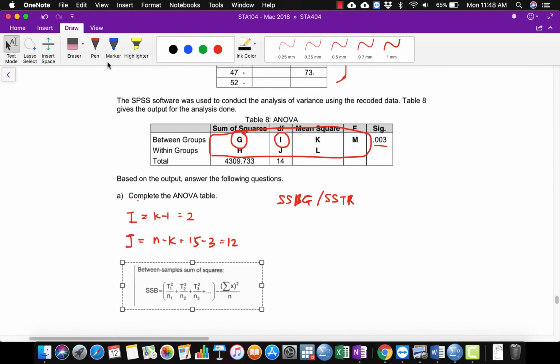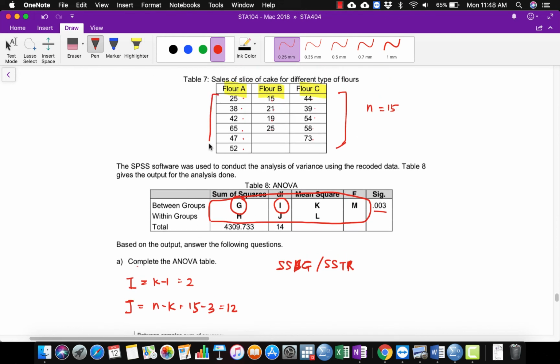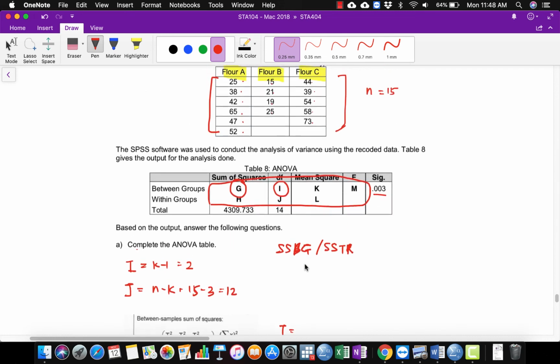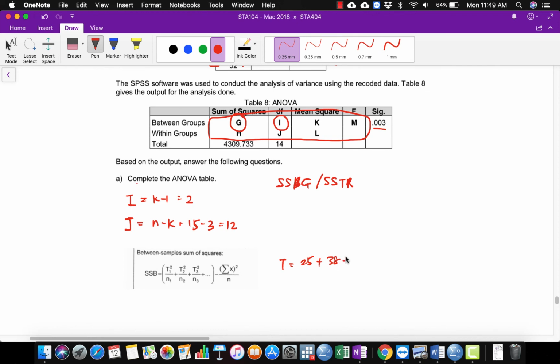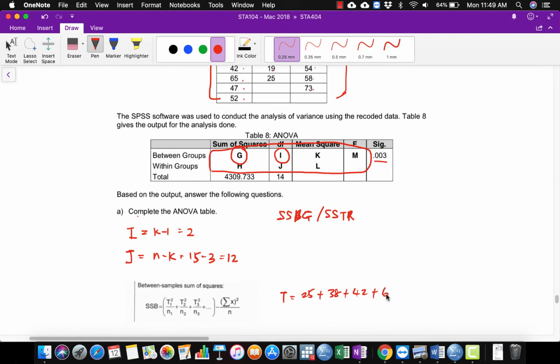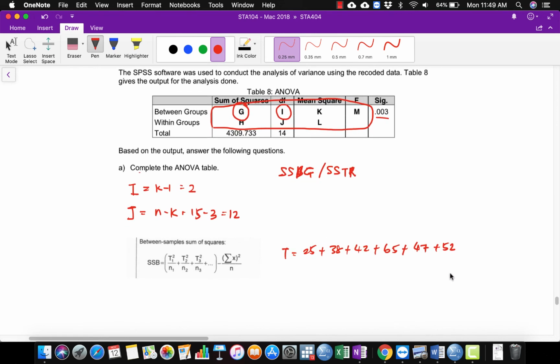Now, T1 is equal to the sum of the sample for group number 1, treatment number 1. So T1 should be equal to 25 plus 38 plus 42 plus 65 plus 47 plus 52. There are 1, 2, 3, 4, 5, 6. So T1 should be equal to 269.